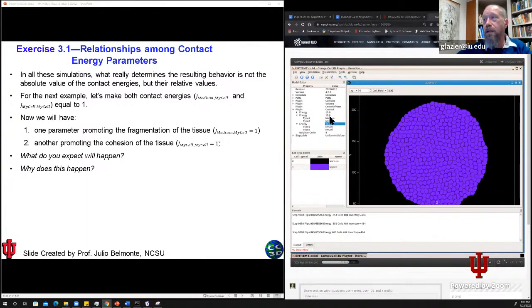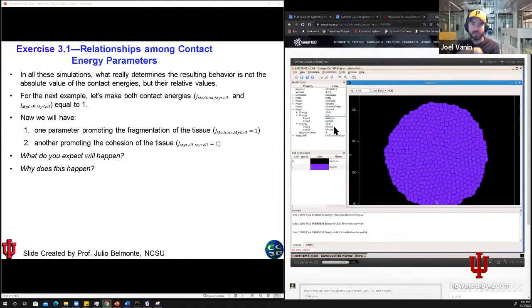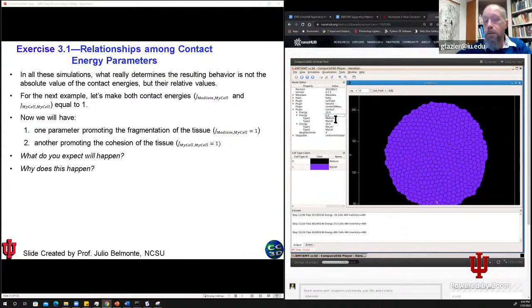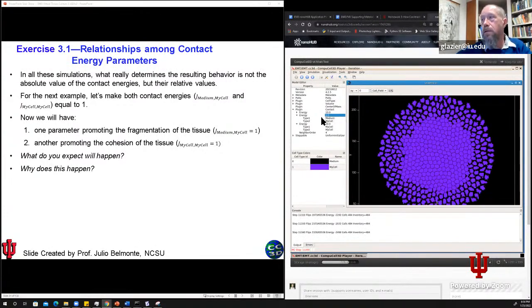And if I made cell-medium contact energy 1, what's going to happen? Cell-medium contact energy is 1, cell contact energy is 10. What's going to happen? The cells will probably disperse into the medium. Right. Okay, let's do that. They do.